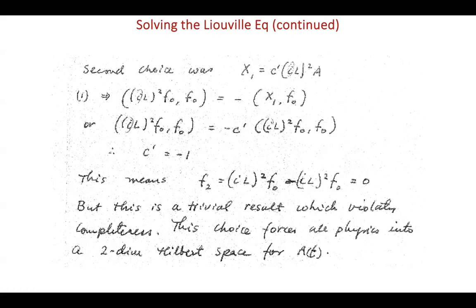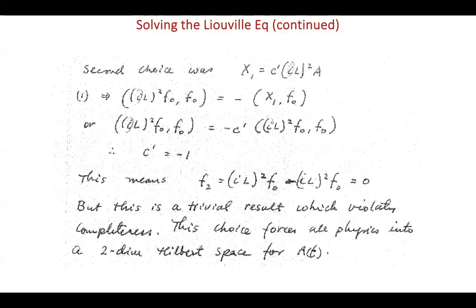What does it physically mean? If F2 is 0, that means you have only F0 and F1. That means your dynamical problem can necessarily be solved by two basis vectors. But that is weird, isn't it? You have all these complex dynamical problems and two basis vectors can solve it.